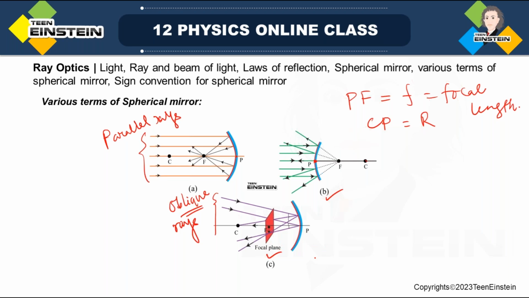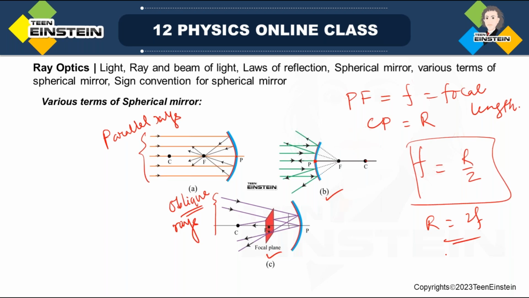That is the fundamental idea, and we will see that this focal length is exactly half of the radius of curvature, or R can be written as 2f. This will be proved sometime.